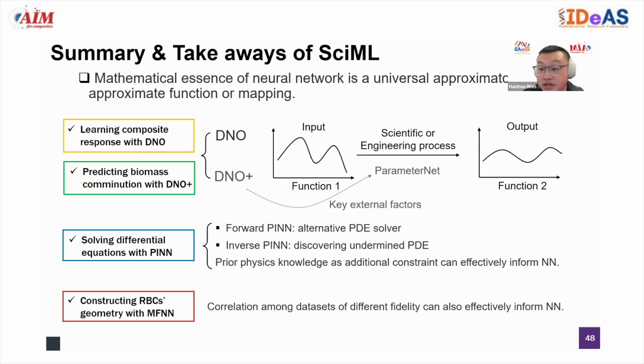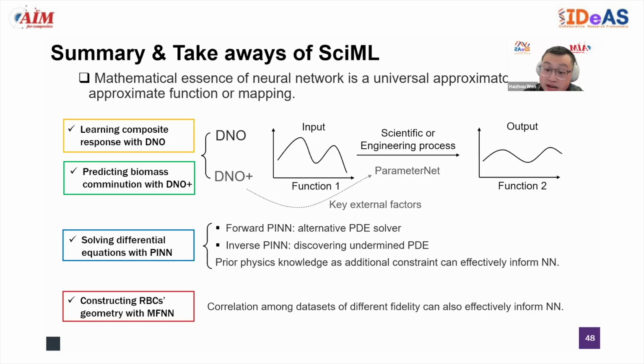To conclude our introduction today to scientific machine learning, here are some takeaways. The NN is nothing but a universal approximator. It can help map any functions or mappings. When we study engineering or scientific problems, always try to reduce the problem into simple math language first.